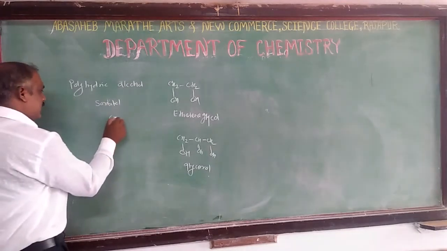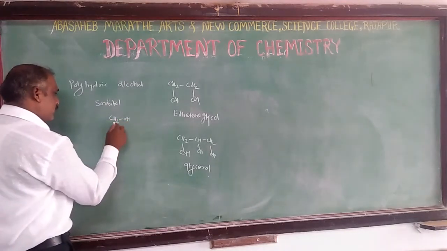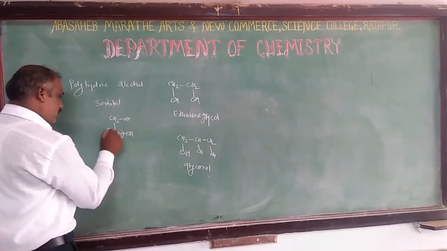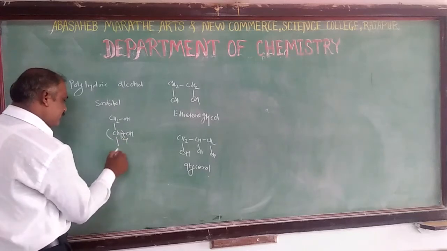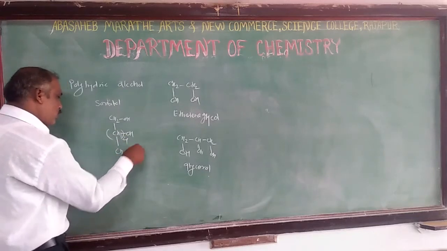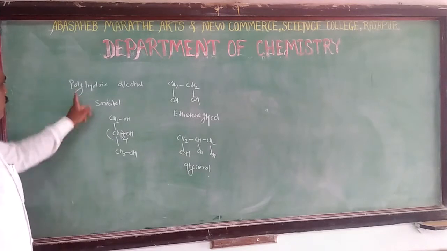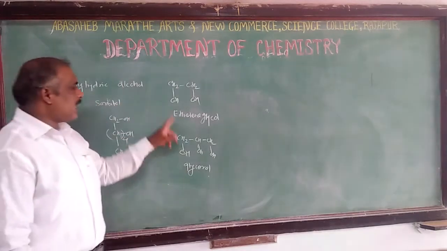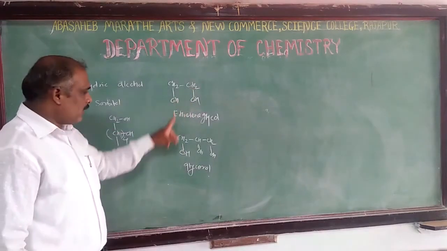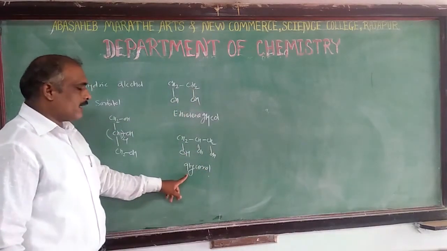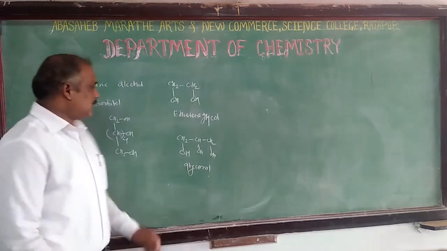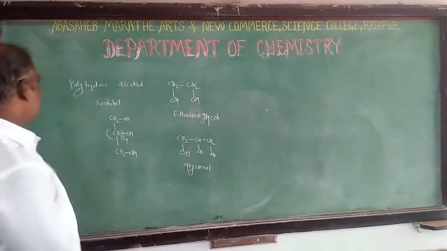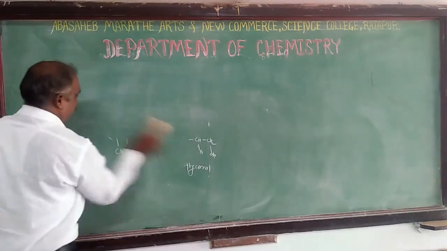The structure is like this, with four CH2OH units. It is a polyhydric alcohol, for example sorbitol. Dihydric alcohol is ethylene glycol, and trihydric alcohol is glycerol. So these are some examples which are important for our knowledge.